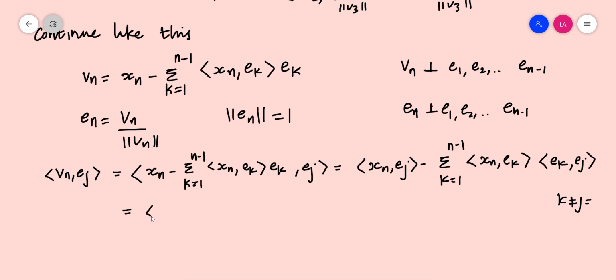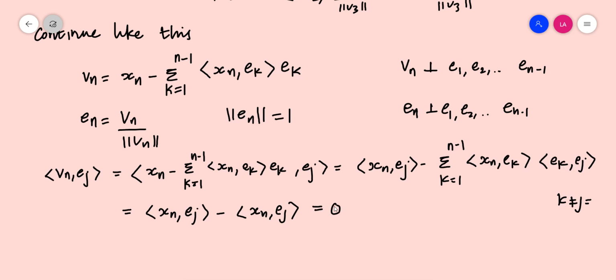So this should be equal to inner product xn ej minus inner product xn ej, because when k is not equal to j, this inner product ek ej becomes 0 and the corresponding term becomes 0. When k is equal to j, this term becomes 1. The only other corresponding term will be inner product xn ej.